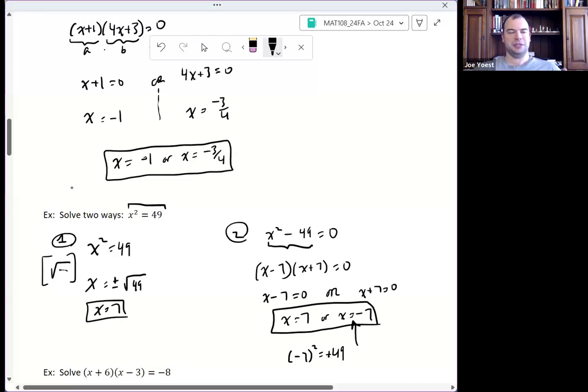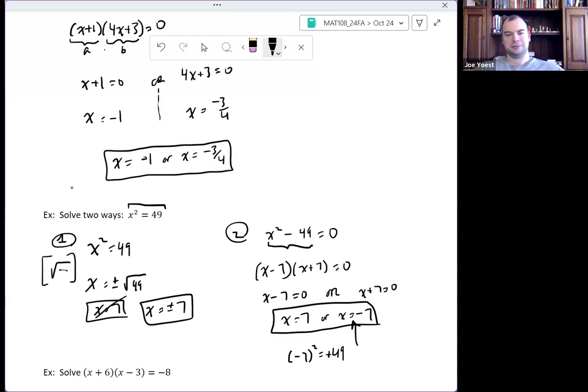It would lose the information that we have two solutions, one of which is positive and the other negative. So really, I want to say x equals positive or negative 7.